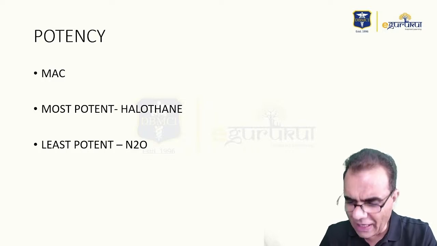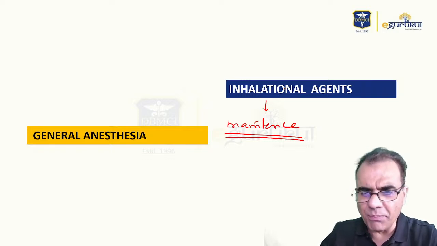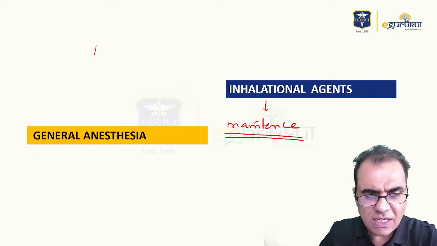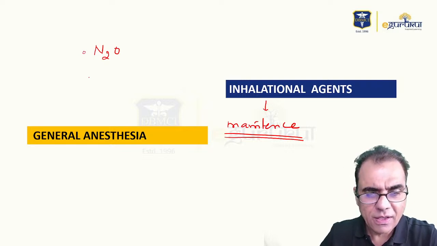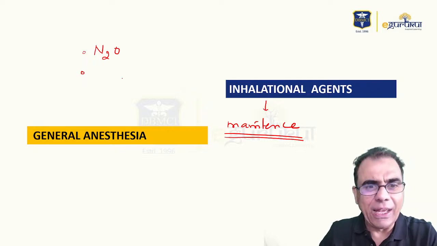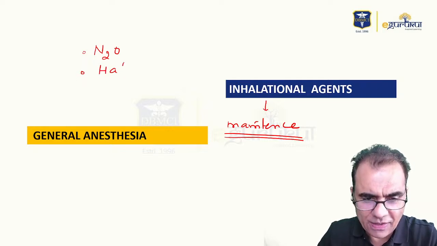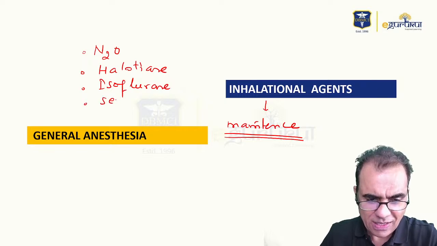So inhalational agents of the current use, which are being used nowadays: nitrous oxide is a gas. The others are volatile liquids used nowadays, that is halothane, isoflurane, sevoflurane, and desflurane.